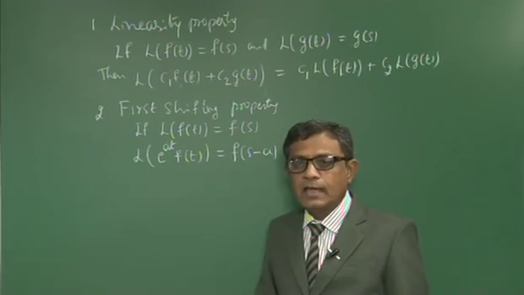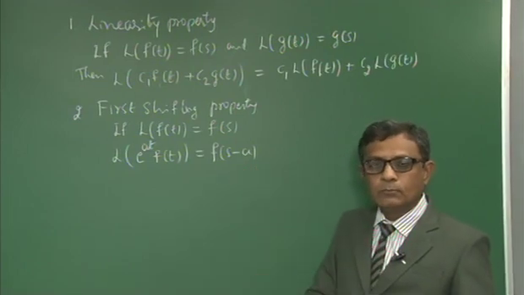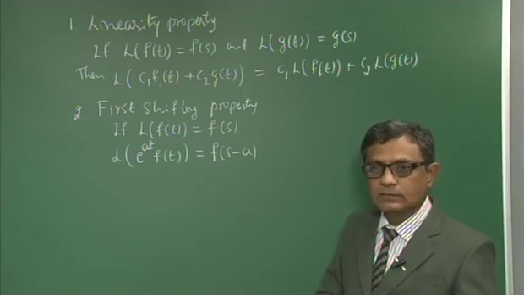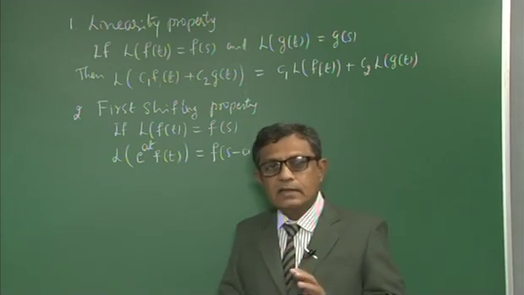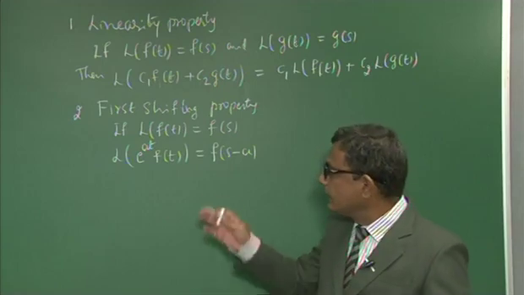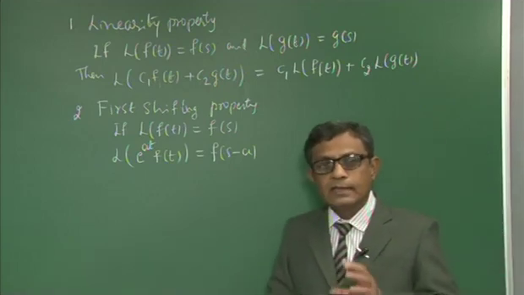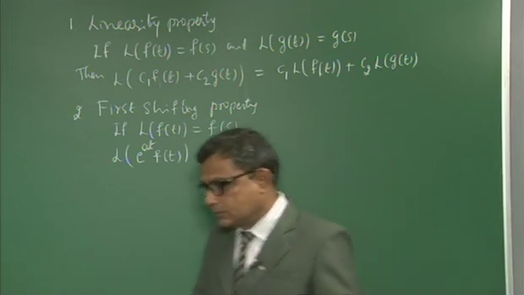By using this first shifting property we get another 5 standard formulas; the basic standard formulas in Laplace transform are 7, and by using this first property we have another 5.